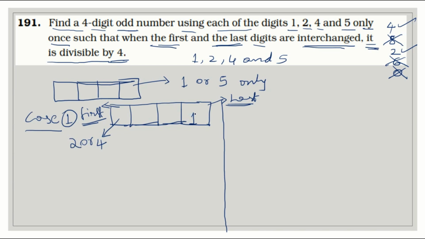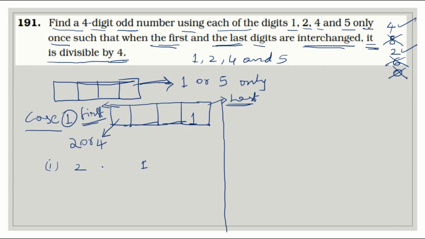So with this, I have very much filtered the numbers. What are the possible digits that can come in the thousands place and the units place? We have now scrutinized. In case 1, the possible numbers have 2 in the thousands place and 1 in the units place.